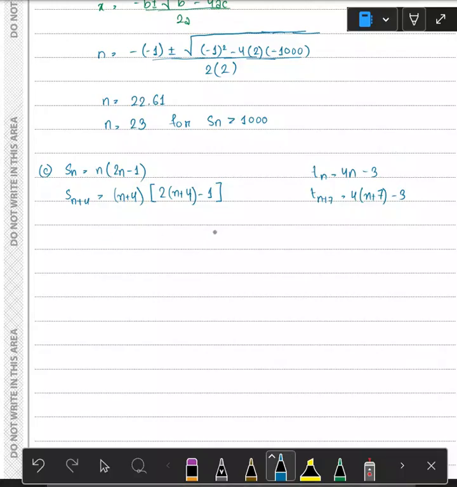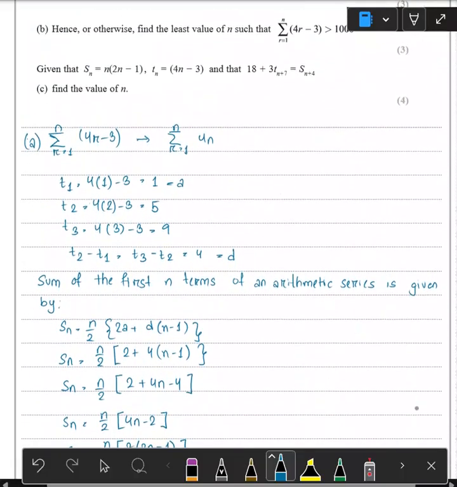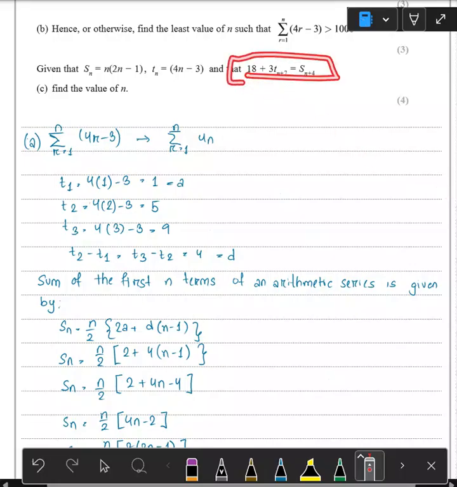So right now they have given this expression as well: 18 plus 3Tn+7 is equal to Sn+4. We need to find the value of n.